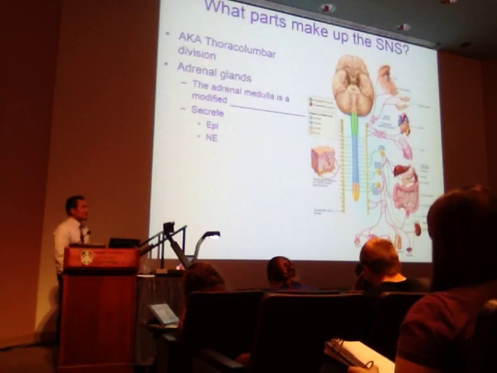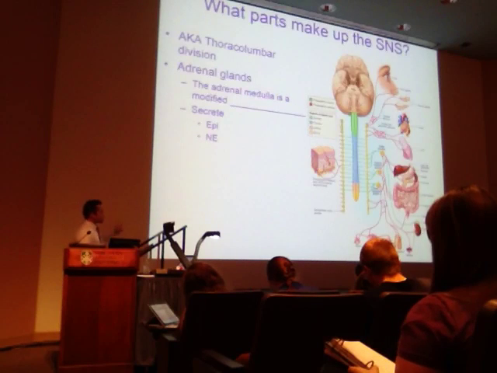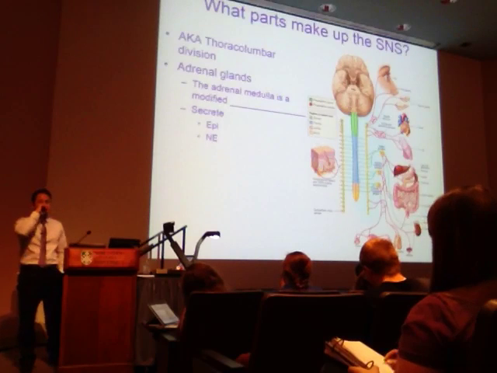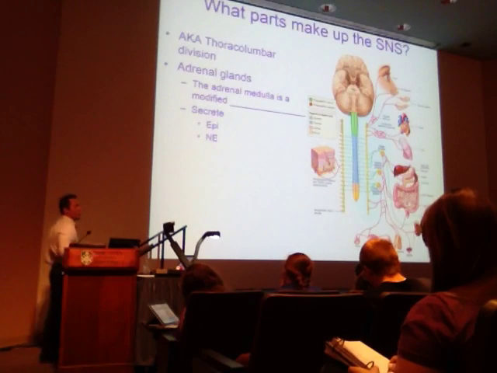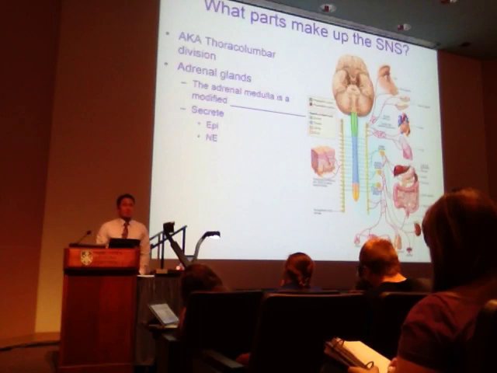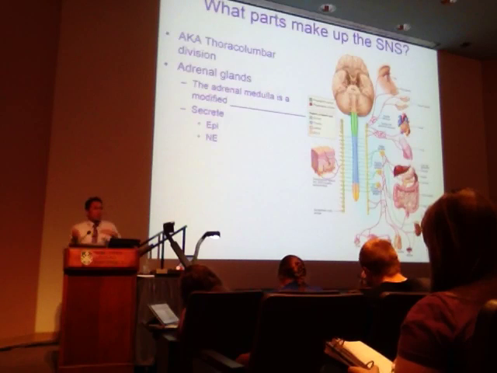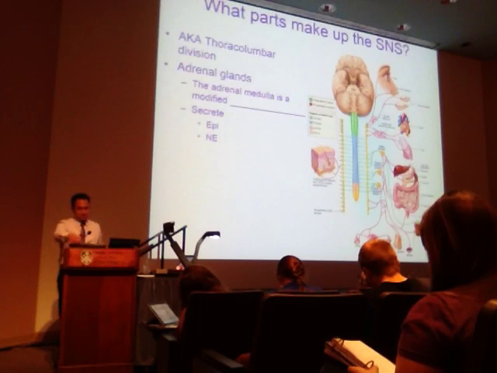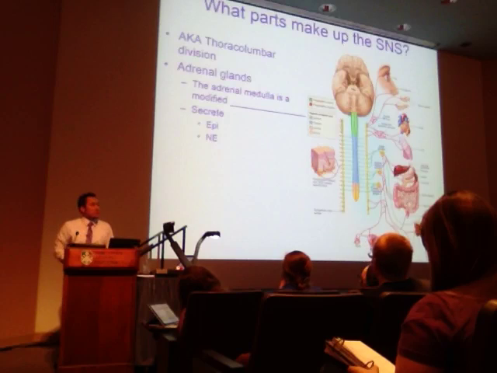Now another common term for epinephrine, does anybody know? Adrenaline. And the other common term for norepinephrine is called what? Noradrenaline. So adrenaline and noradrenaline are sympathetic actives that are released by the sympathetic nervous system.